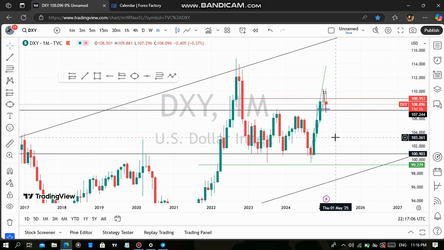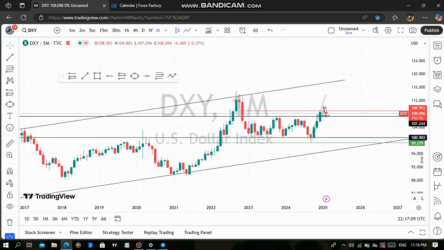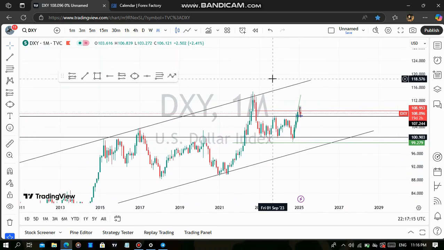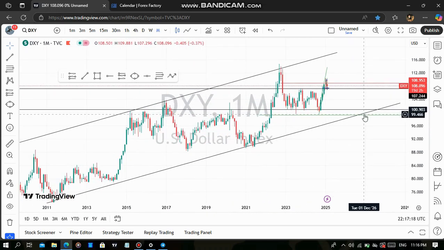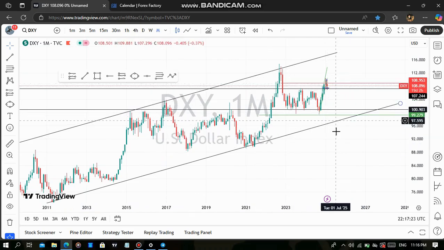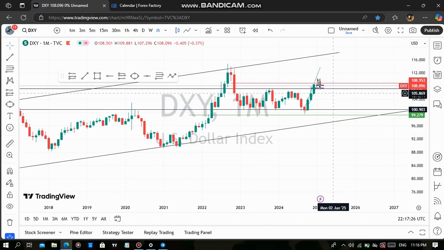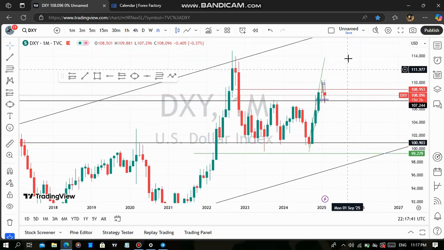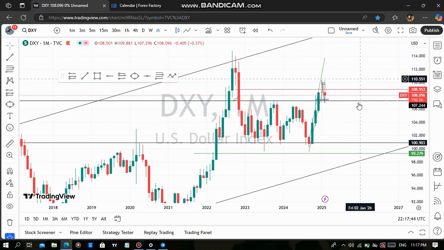But for me, although the US dollar is strongly bullish, you can see the bullish trend, it's clear, the US dollar is on a strong bullish trend. But because of this indecisive movement and the area where the candle closed last month, I have higher expectations of selling, at least to some level, before it continues the bullish movement.